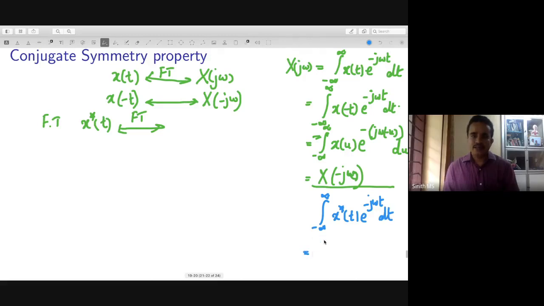And how will you find this? From this itself, you know X of j omega is the integral from minus infinity to infinity of x of t e raised to minus j omega t dt. You put a conjugate on both sides.